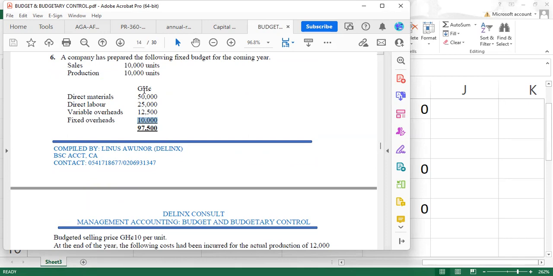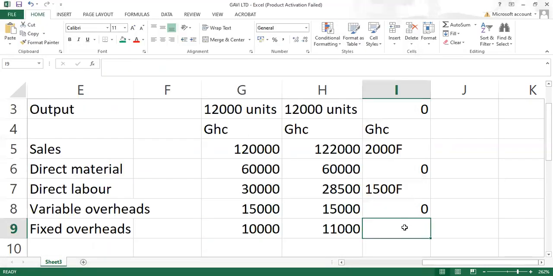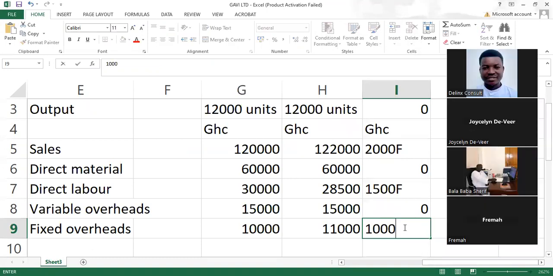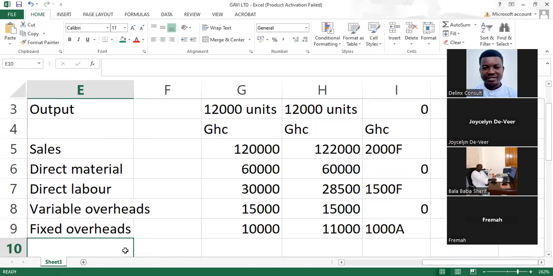So we do the flexible budget only for those costs that vary with the output level. Fixed overhead doesn't vary with the output level. That is a nice answer. So what is the difference? 1,000, which is adverse.